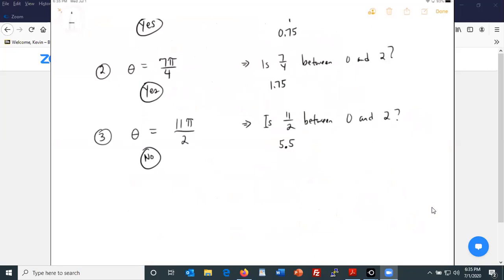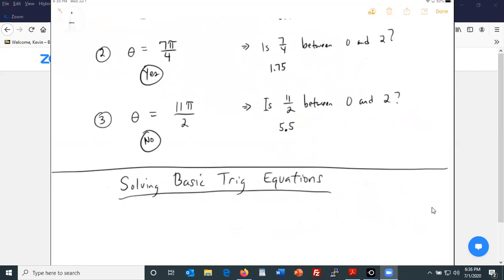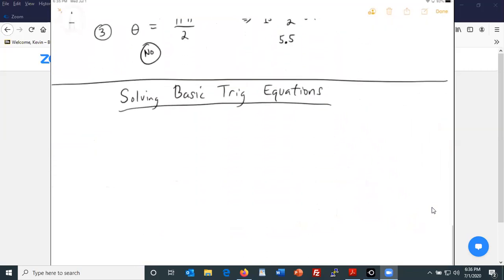Okay, now let's solve some equations. So solving basic trig equations. That will be the first part of our lecture. And here, this is where you need the unit circle. So make sure you have that on hand.